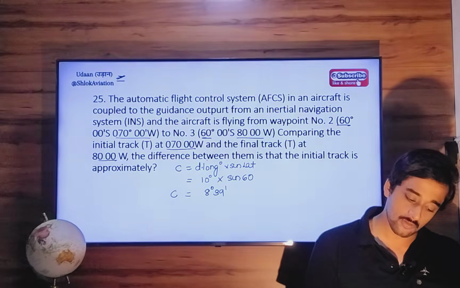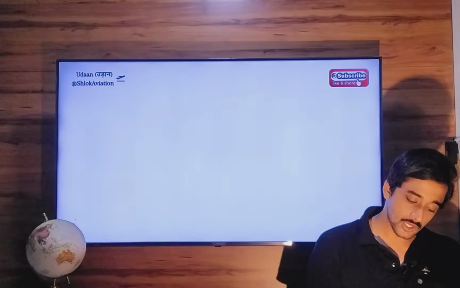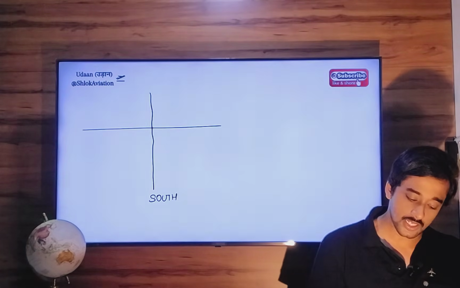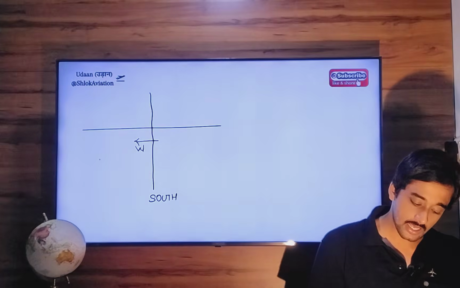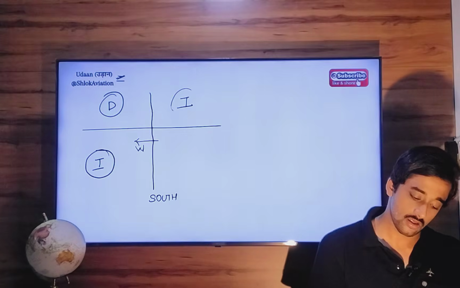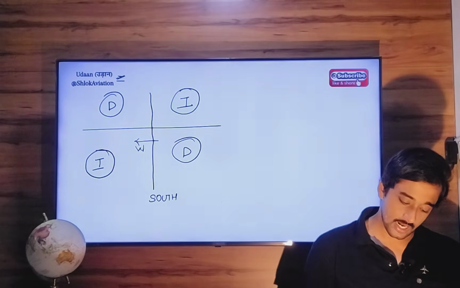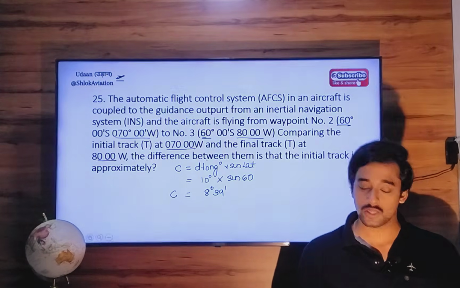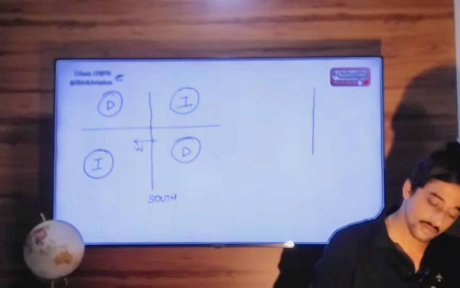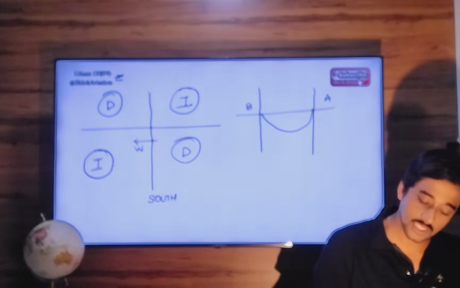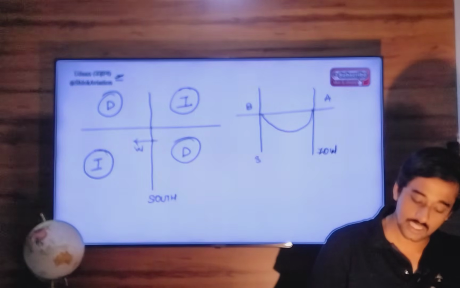Now you are in the south hemisphere. The DIID diagram says, if you are in the south hemisphere and you are traveling in the westerly direction, the great circle track increases. We are traveling from 60 south, 70 west to 60 south, 80 west.